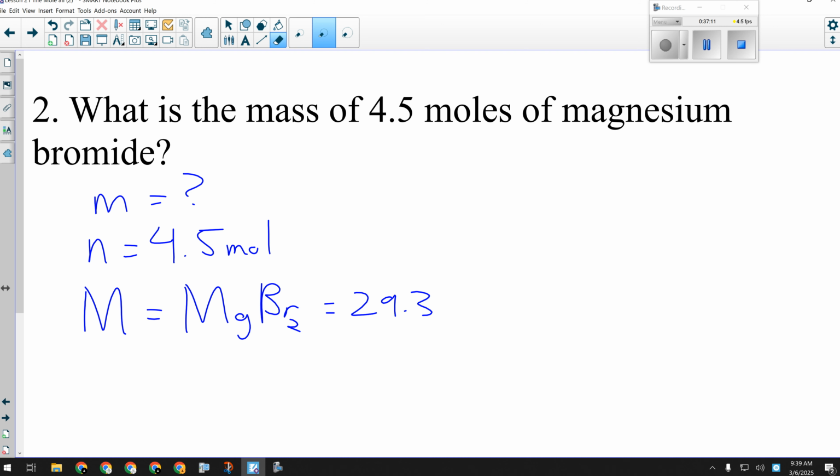So I'm gonna have 24.31. There's only 1 magnesium here, so that's all I need there. Plus 2 bromines, so 79.9 times 2.